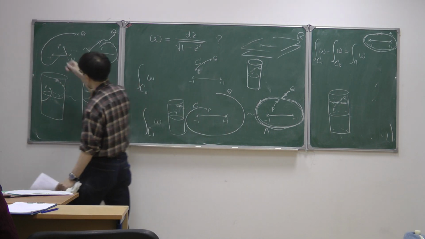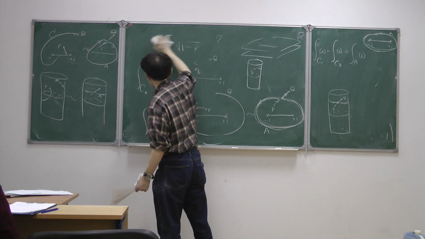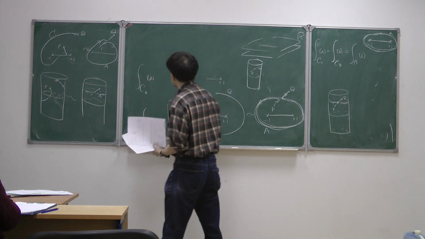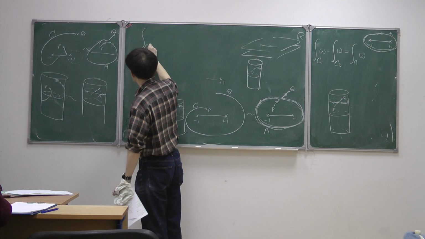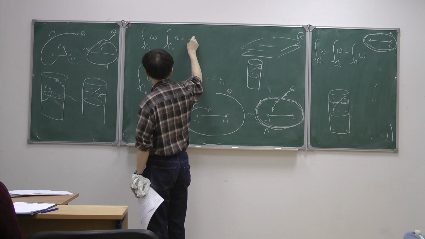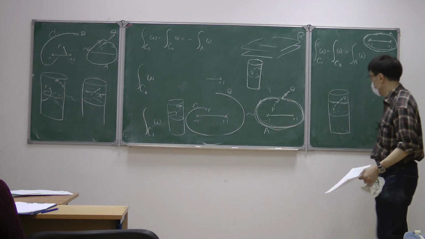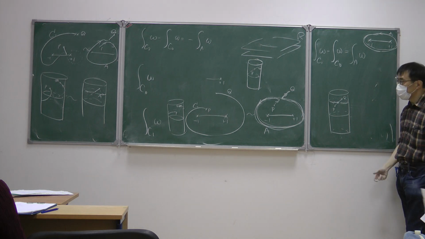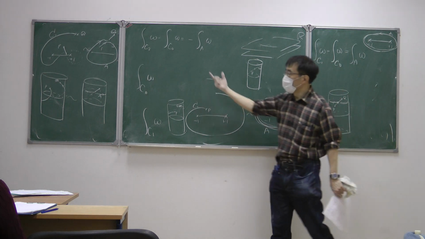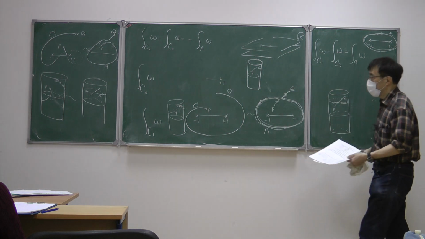So if we call this C2, the second contour, then these two integrals differ by minus the integral over A.